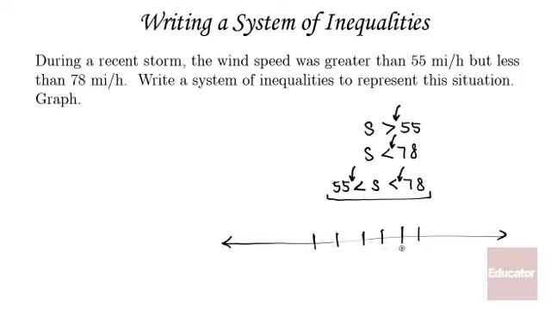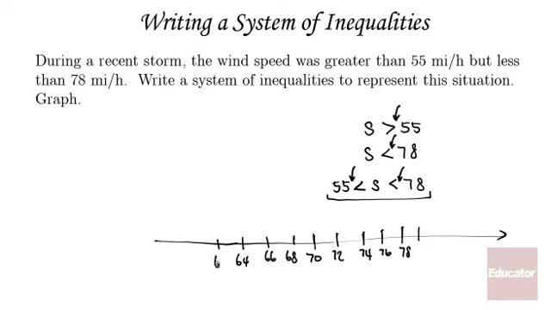So I'm going to say 78, 76, 74, 72, 70, 68, 66. It might have even been a good idea to count by fives, but I can do this by the twos because I have plenty of room here. 64.